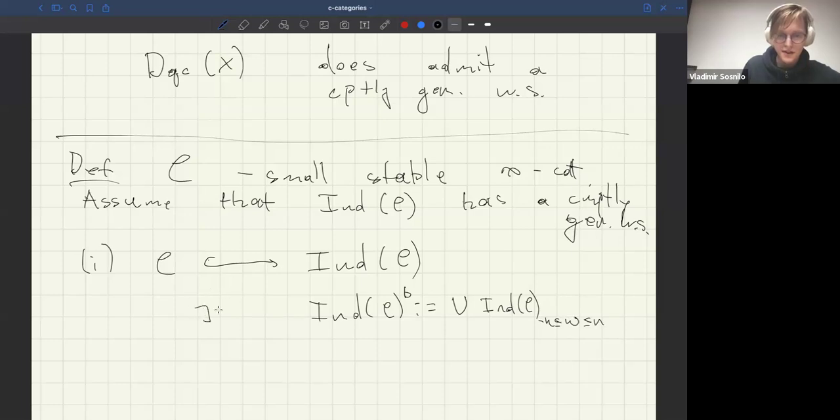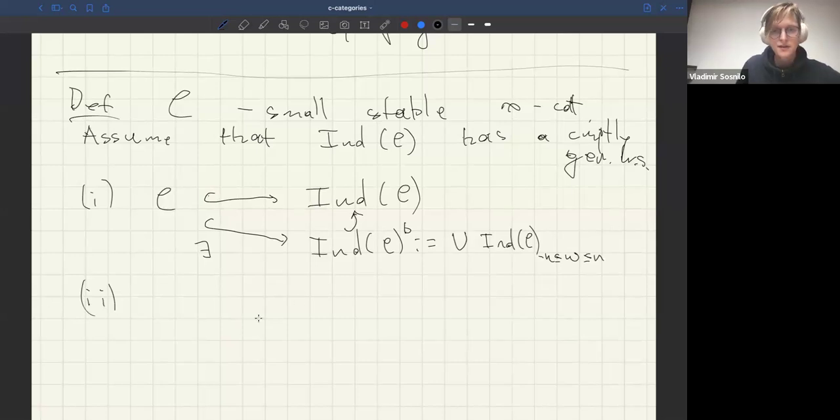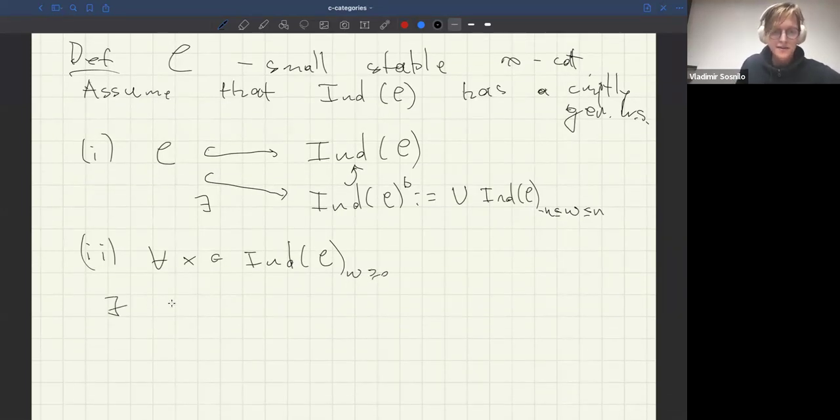So there exists, and the second condition is that for any x which is weight positive, there exists a filtered diagram x_i in C such that the colimit of x_i is x.